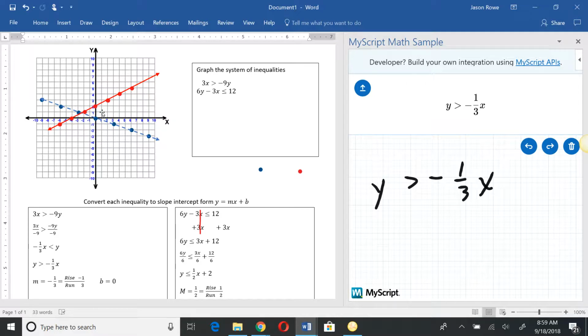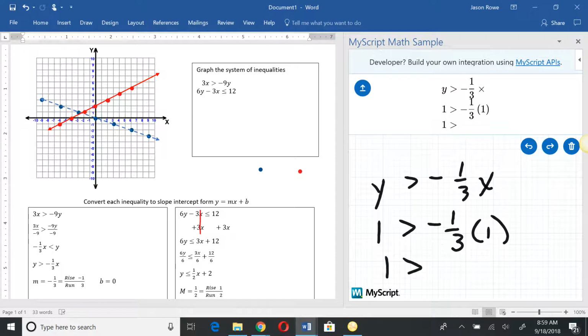And so everything in that area is going to be a solution as well. So that's 1, 1. So 1 has to be greater than negative 1/3 times 1. Well, 1 is going to be greater than any negative. It doesn't matter. So I know this is going to be a true statement.